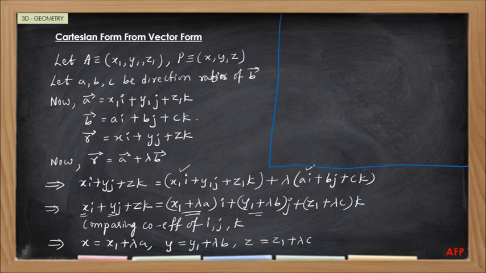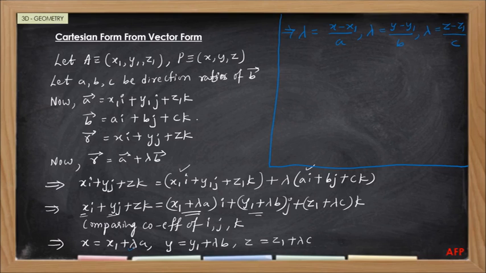Now simplify these terms with respect to lambda. This implies lambda is equal to x minus x1 divided by a, lambda is equal to y minus y1 divided by b, and lambda is equal to z minus z1 divided by c.